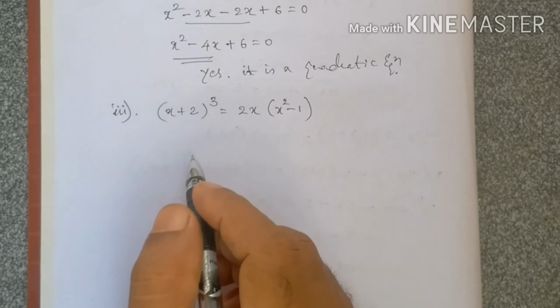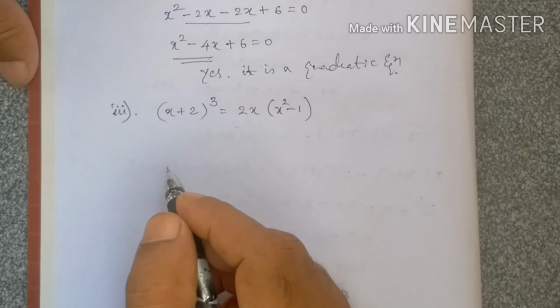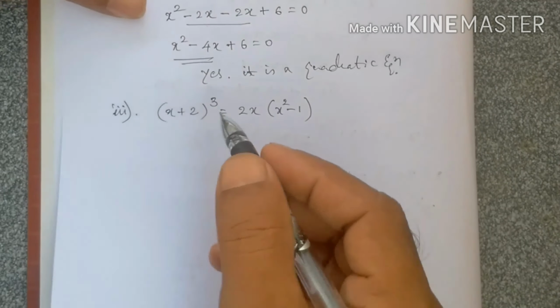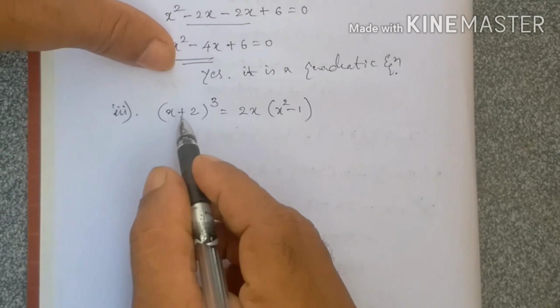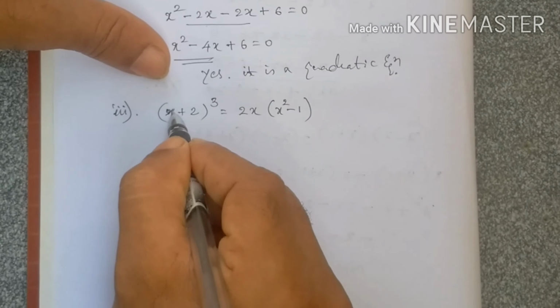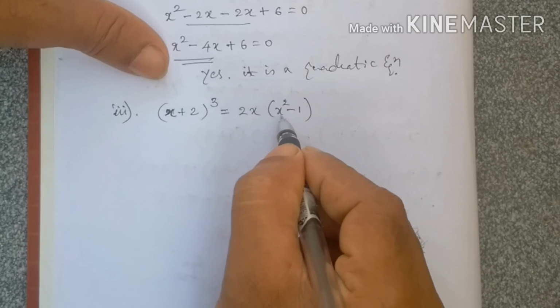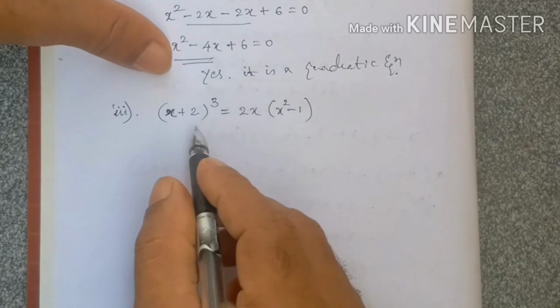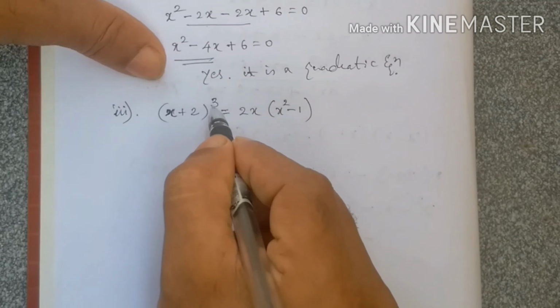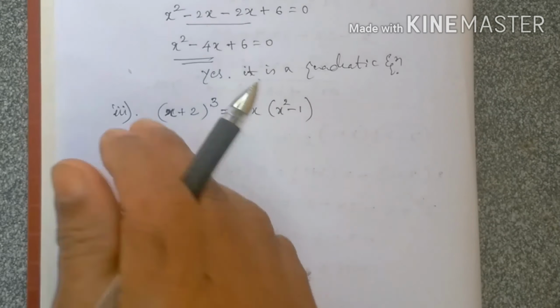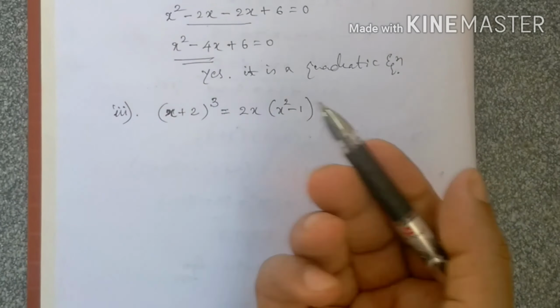Now I am going to take one more example from your textbook, exercise 4.1 only, to check whether it is a quadratic equation or not. The given question is (x + 2)³ = 2x(x² − 1). Directly we can't tell by looking at that. The degree of x + 2 is power 3, so you can't decide whether it is quadratic or not.